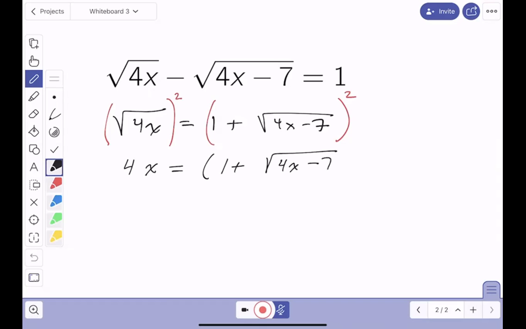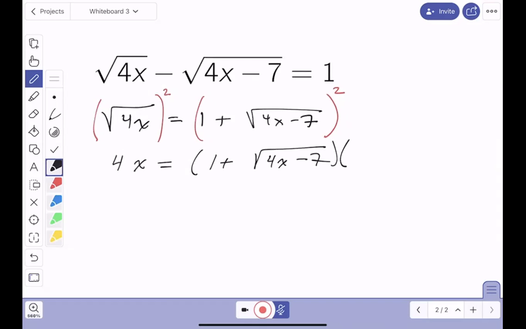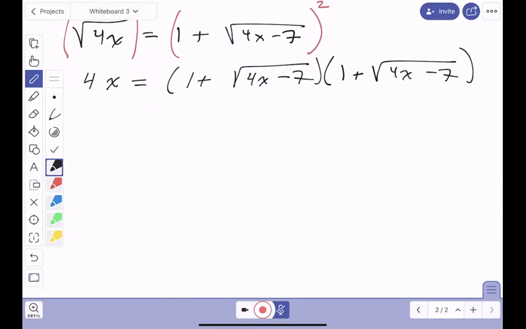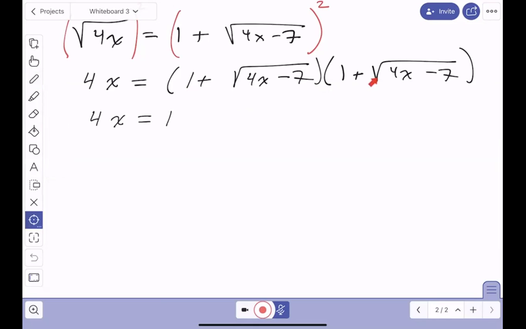And again, this is where a lot of students argue, this is too much work for me. I do want to emphasize though, without an education, I would say that most jobs are really too much work. You're working all the time. I got to do some work here. 1 times 1 is 1. 1 times this thing is this thing.